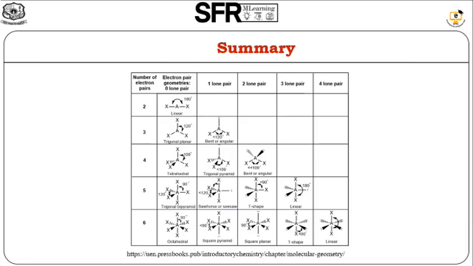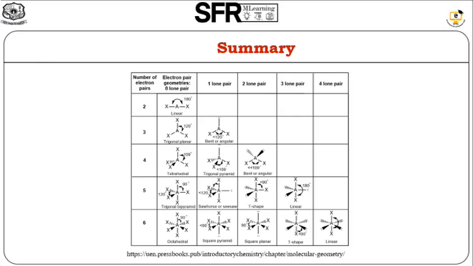With steric number 5 and no lone pairs, the geometry is trigonal bipyramidal. With one lone pair, the structure is seesaw. With 2 lone pairs, it is T-shaped. With 3 lone pairs, it is linear.